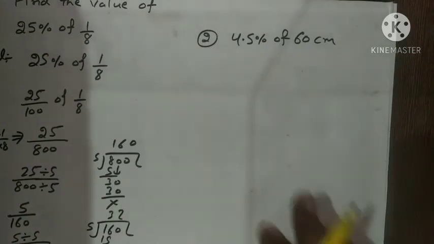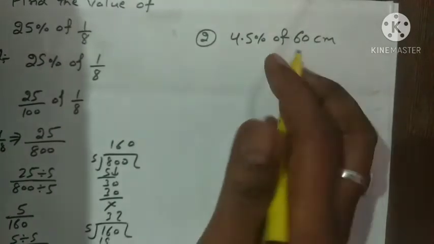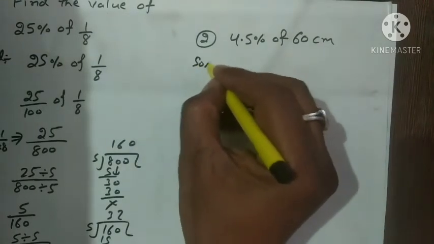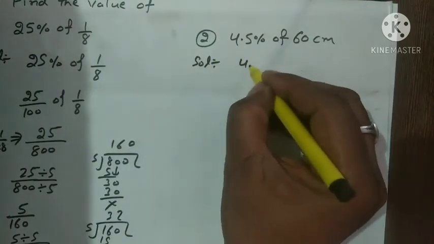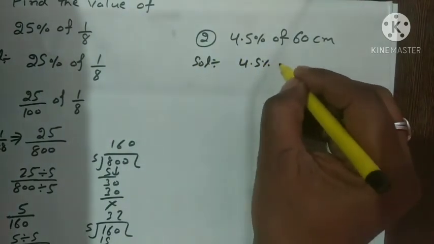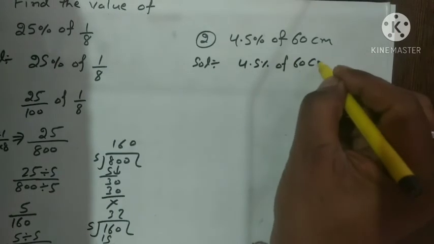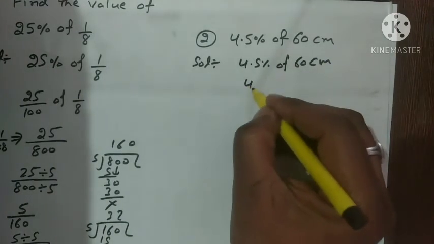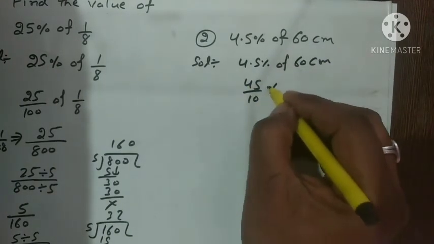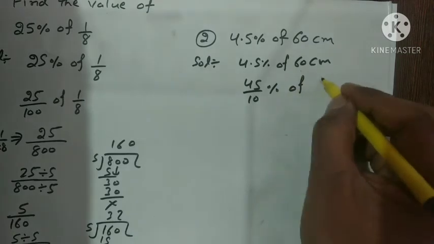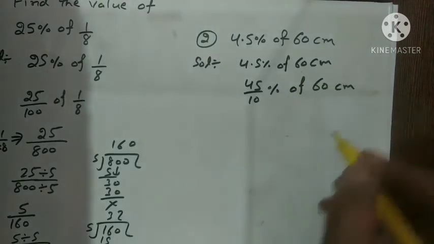Now we are on question 4.5% of 60 centimeter. So what is the meaning of 4.5%? The meaning of 4.5% is 45 over 10 % of 60 centimeter.